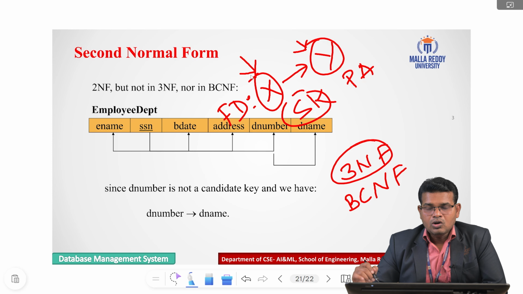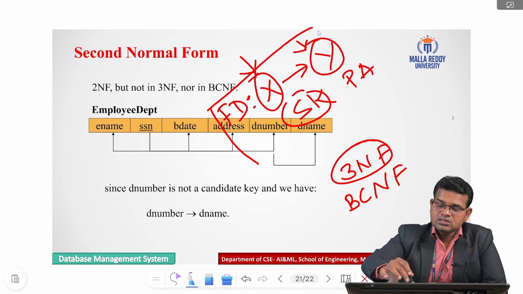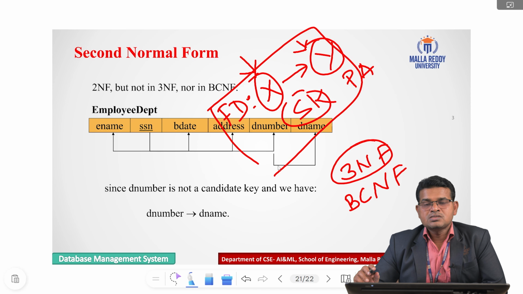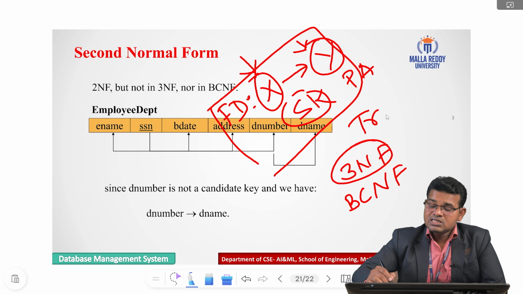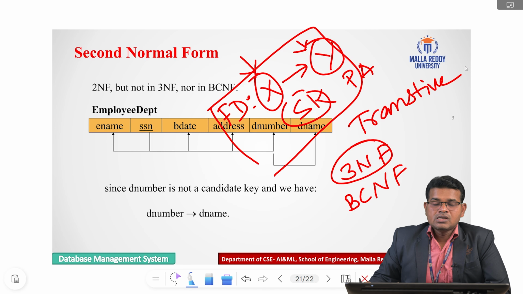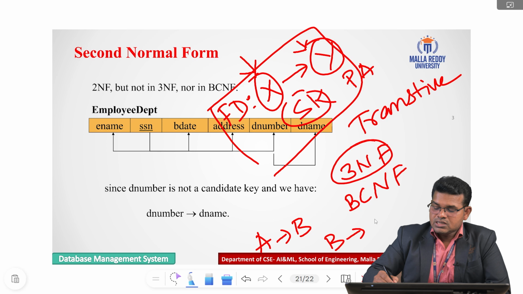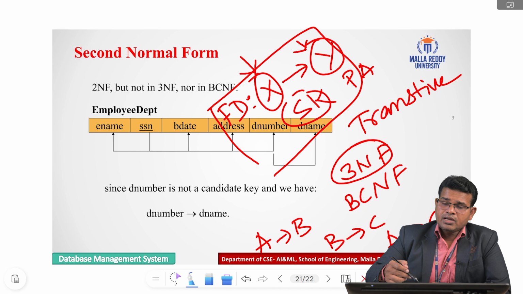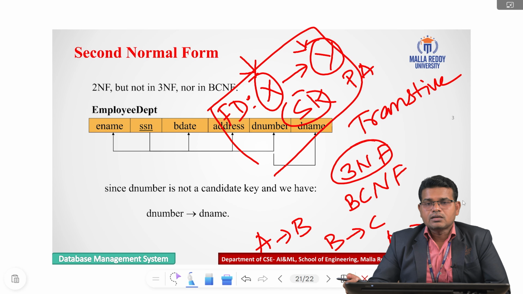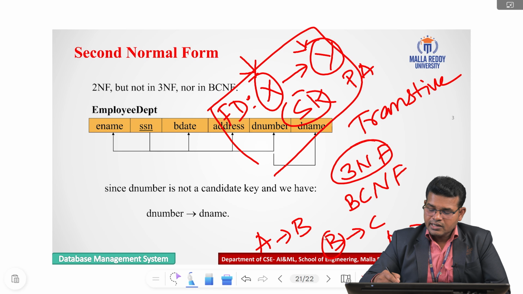If you achieve this necessary and sufficient condition, automatically transitive dependencies are removed. Already we discussed what a transitive dependency is: A determines B and B determines C, then we say A determines C is the transitive dependency. If a candidate key is determining all other attributes, there is no need of an intermediate attribute that is determining another attribute.